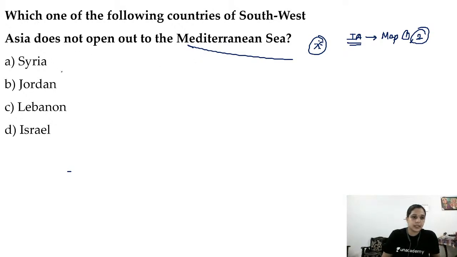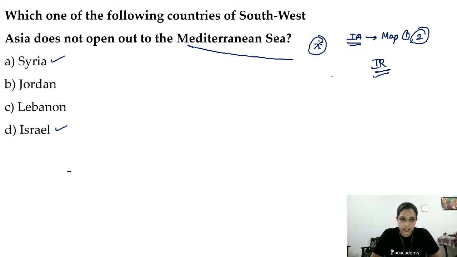You see any country in the news, all these countries were seen in the news: civil war in Syria, the Israel-Palestine conflict. It's not like they asked just like that. So whenever you see international affairs kind of questions, in international relations you don't get much map-based questions, but in international affairs you get.